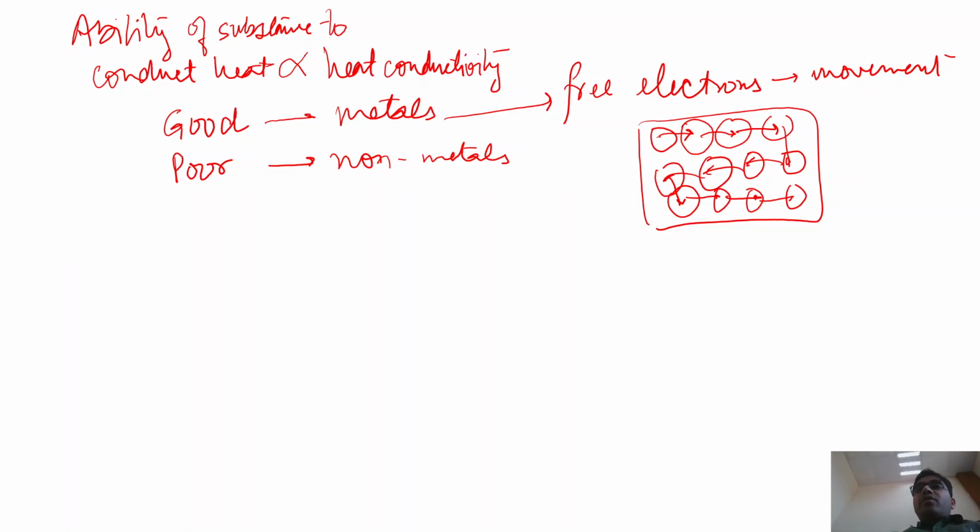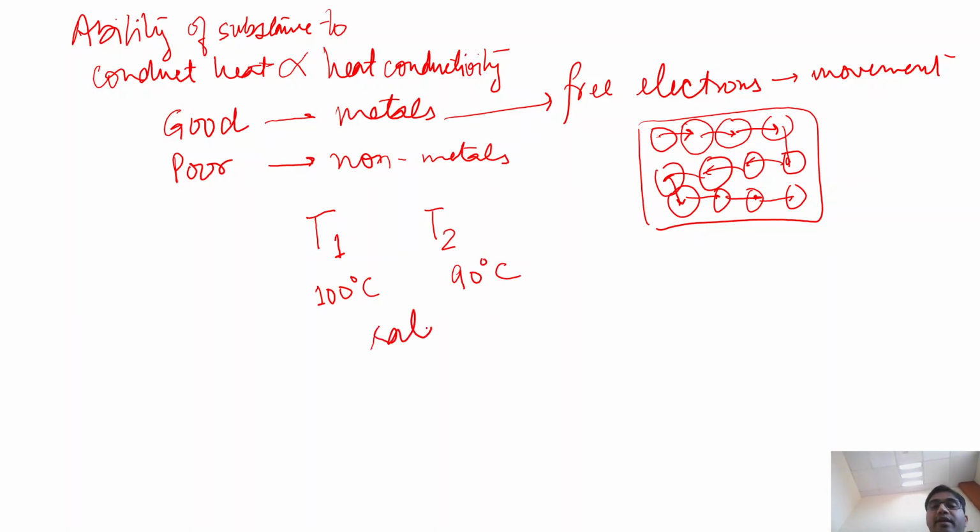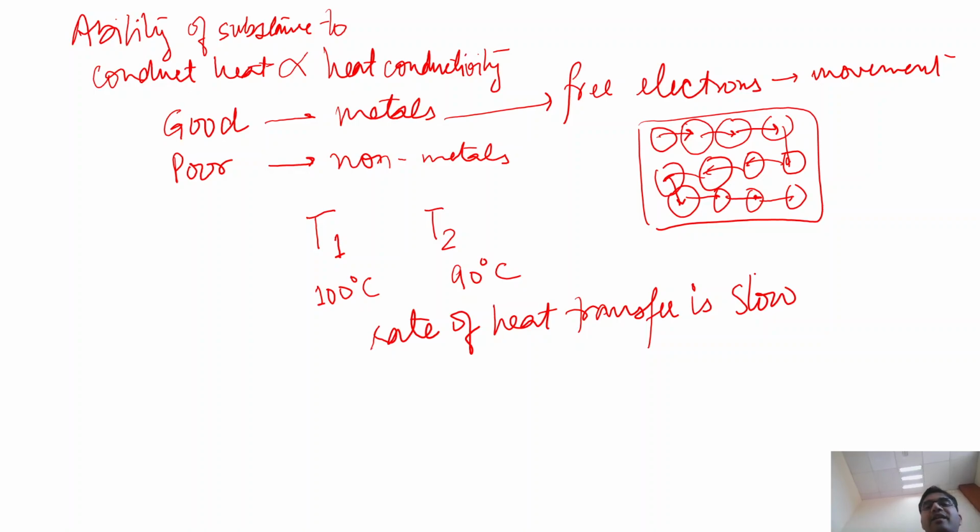Now, it also depends on the difference in temperature between any two bodies. Let us say the temperatures of two bodies are T1 and T2. Suppose T1 is 100 degrees Celsius and T2 is 90 degrees Celsius. Then the rate of heat transfer is slow. It will take time to equalize.